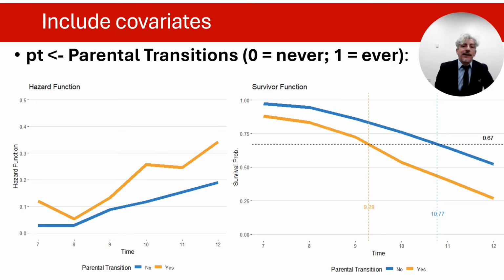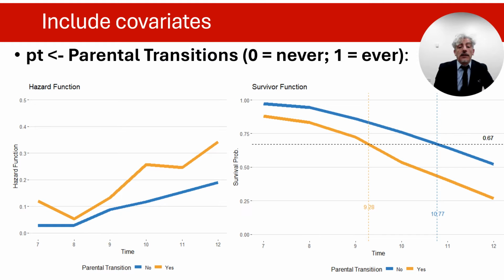Now remember that the hazard function tells us about risk of the event taking place within specific time periods. The survival function instead tells us about cumulative effects over time. So for this reason, when we compare survival functions of different groups, we can get an idea about the cumulative effects of a predictor over time.